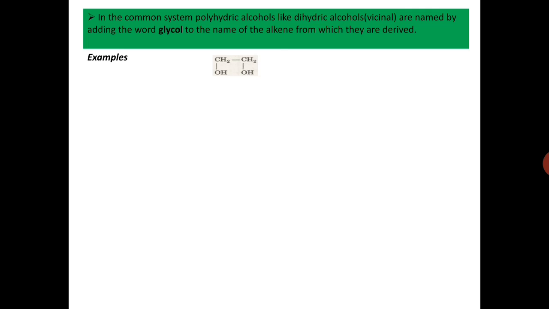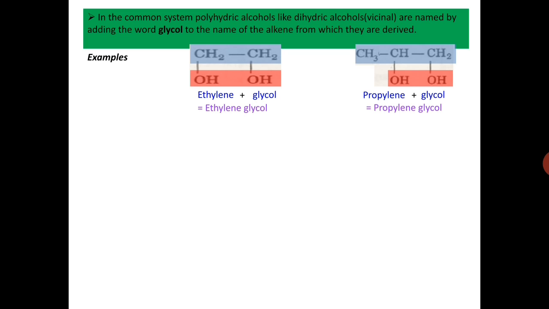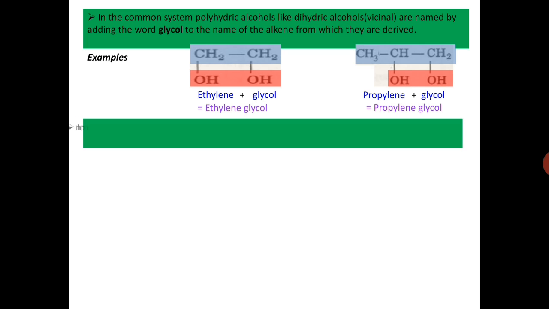For example, CH2OH CH2OH, here CH2CH2 is ethylene and the 2 OH groups are a glycol, therefore the name is ethylene glycol. Similarly, with 3 carbons and 2 OH groups, the 3 carbon is propylene and the 2 OH groups are a glycol, the name is propylene glycol.